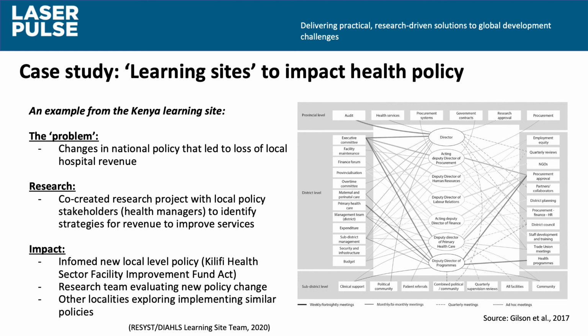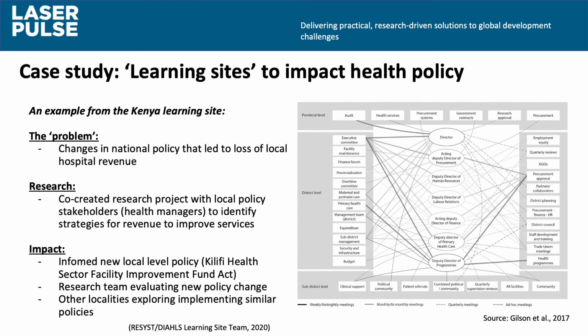The research team also worked with local stakeholders to identify policy solutions to bring to the local county health policymakers, which were facilitated by the inclusion of health managers on the research team, who worked closely with these policymakers.